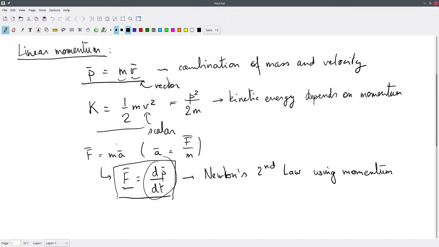Just like acceleration changes based on force over mass, the momentum changes based on the force that is applied. So Newton's second law, therefore, is often also stated without mass times acceleration. It says that a force changes an object's momentum.